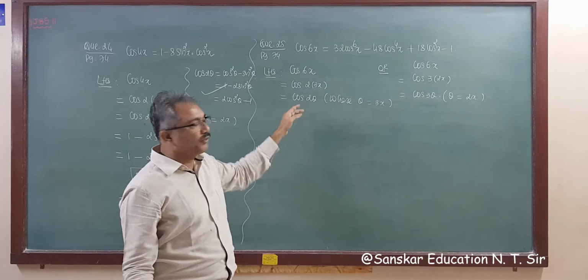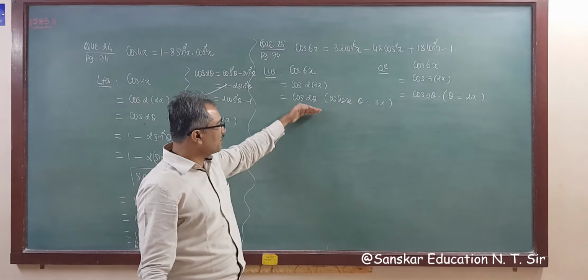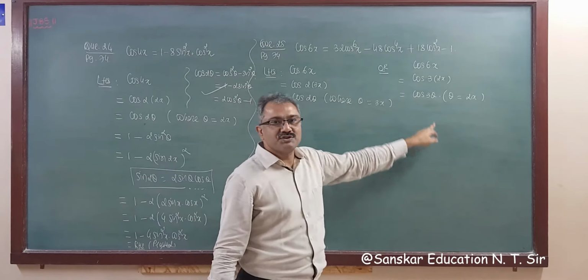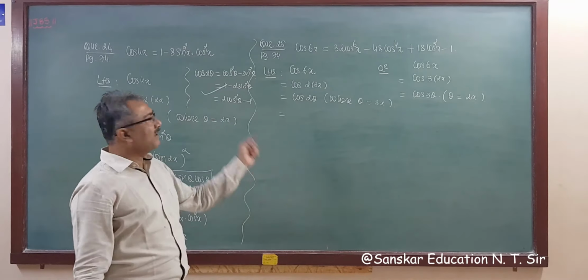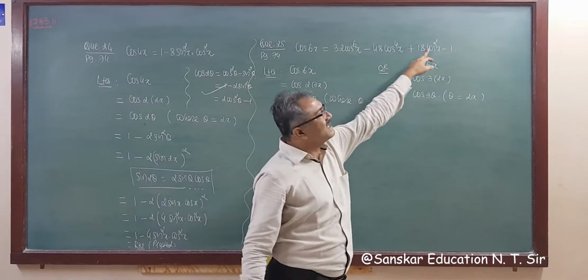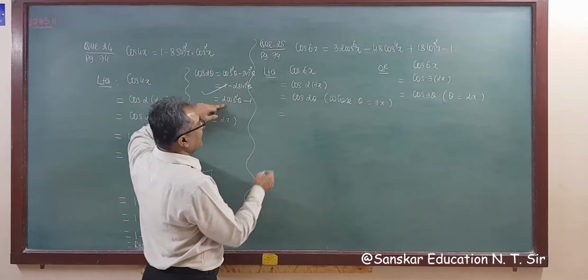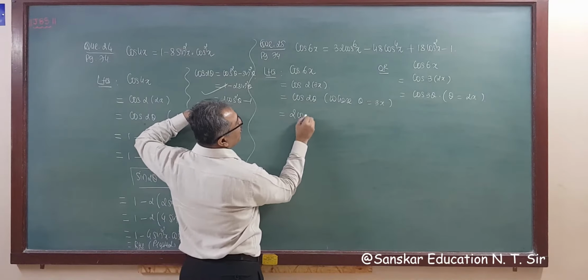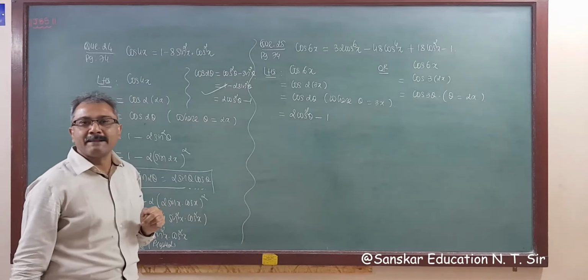You can do anything you want. I am solving using this one, and you can solve using the other also. We have decided to apply this formula because we want all terms in cos, not sin and cos both. So 2 cos square theta minus 1 is the formula.